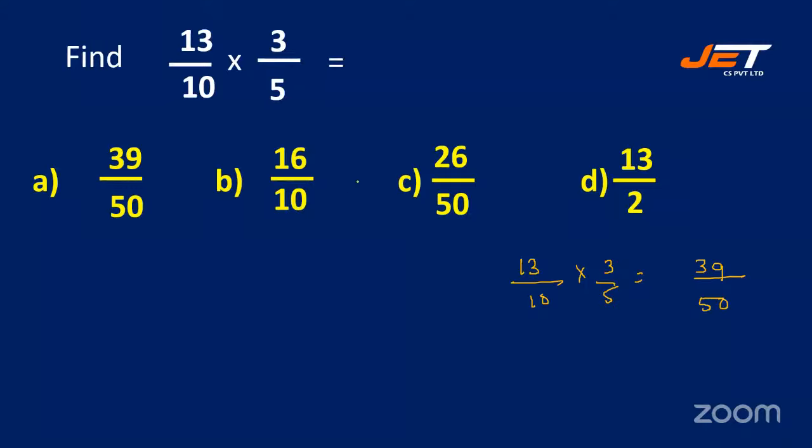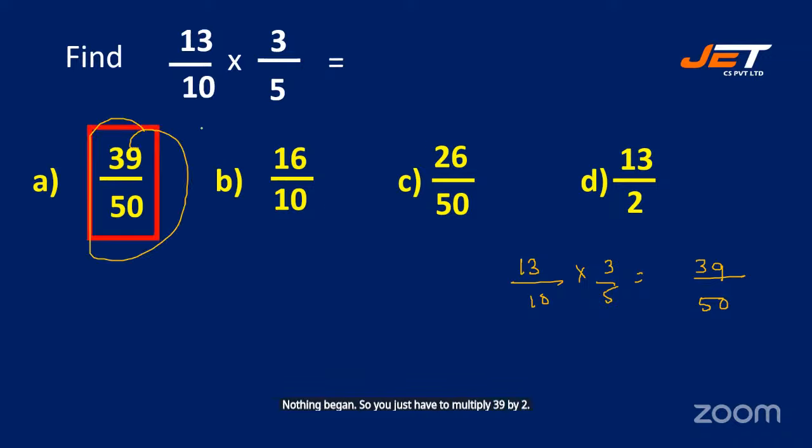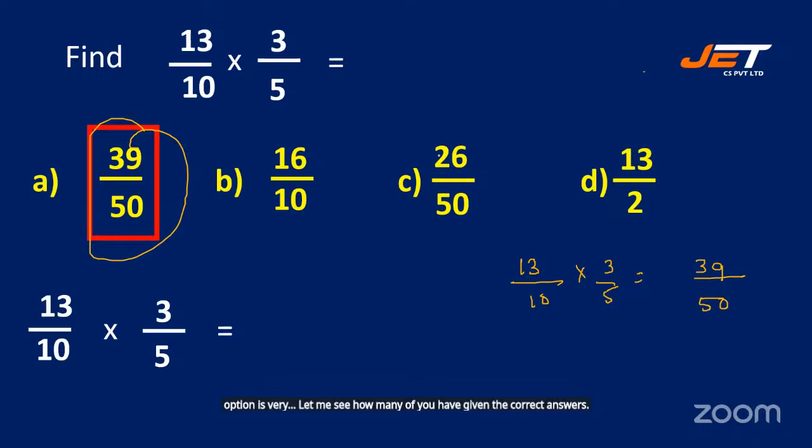Nothing can be cancelled. So you just have to multiply 39 by 50. Option A is correct. Let me see how many of you have given the correct answers. Yeah. Many A's.